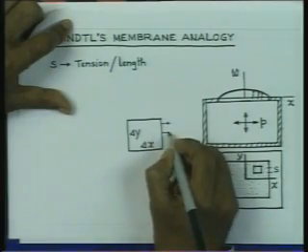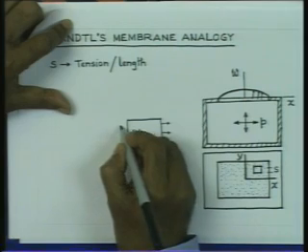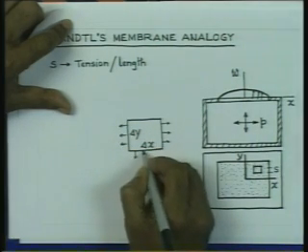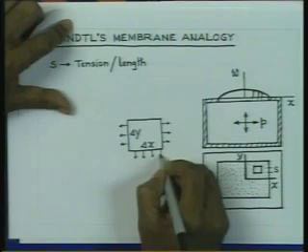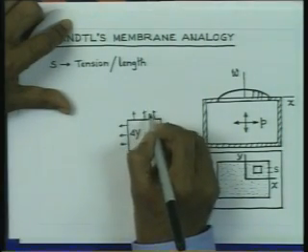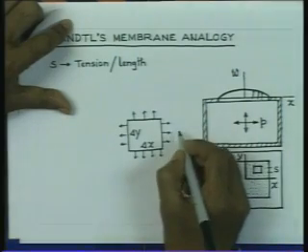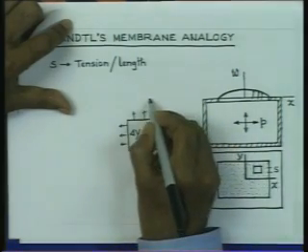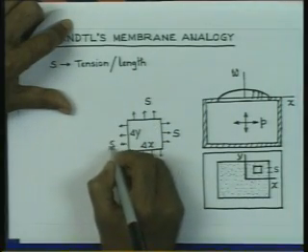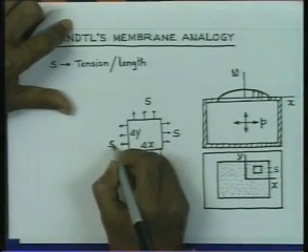Therefore, we have tension all over the boundary, and since the deflection is very small, we can consider that this tension is unchanged per unit length.